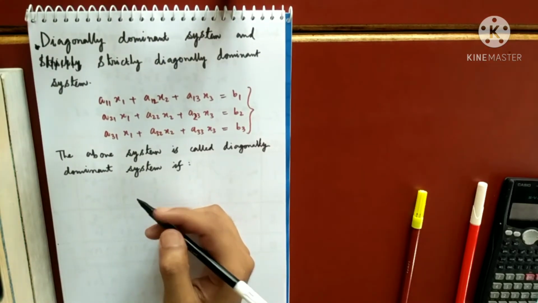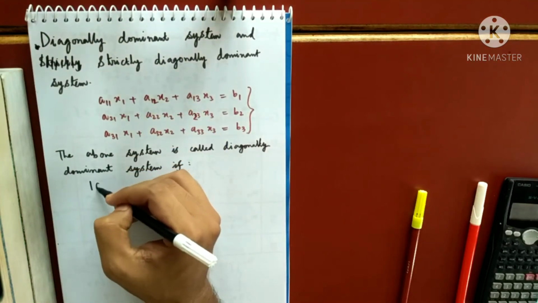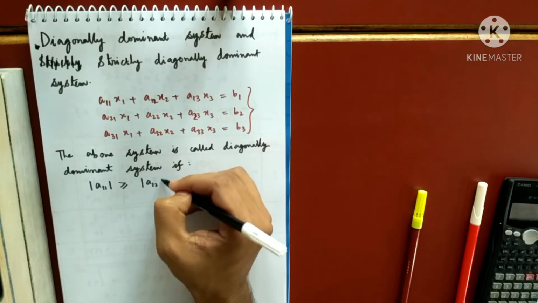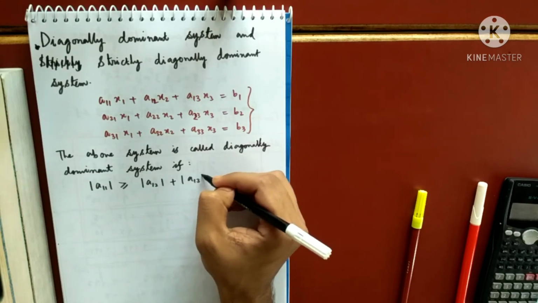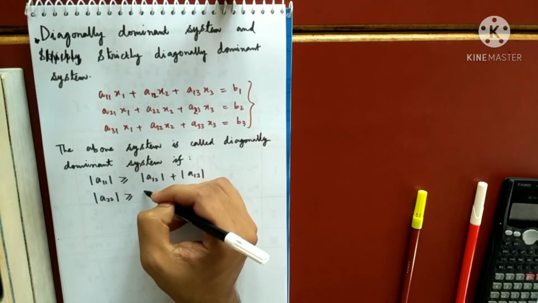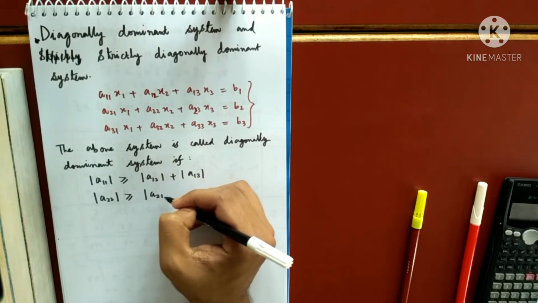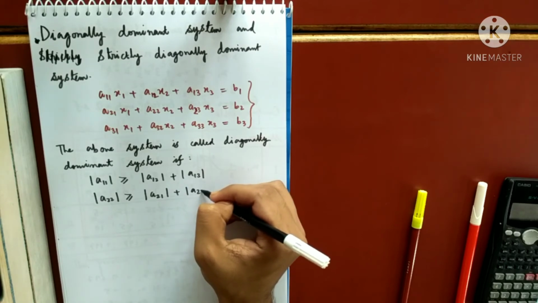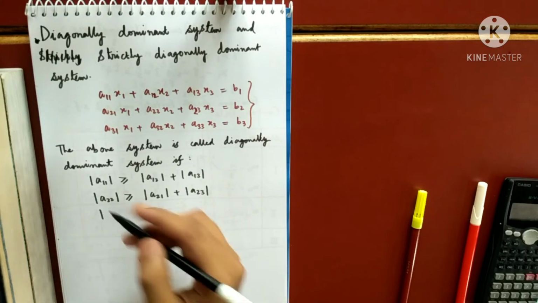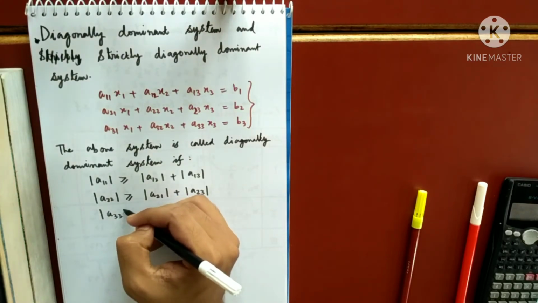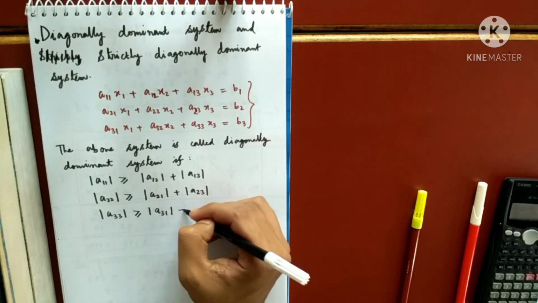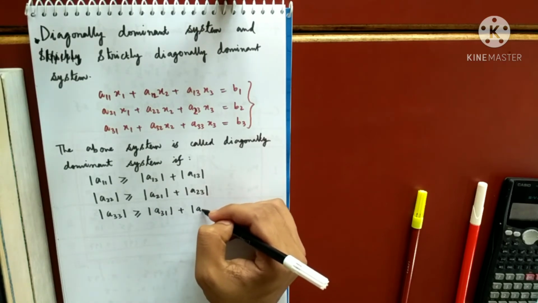If modulus of a11 is greater than or equal to modulus of a12 plus modulus of a13, modulus of a22 is greater than or equal to modulus of a21 plus modulus of a23, and modulus of a33 is greater than or equal to modulus of a31 plus modulus of a32. I'll explain, don't worry, just write it down.